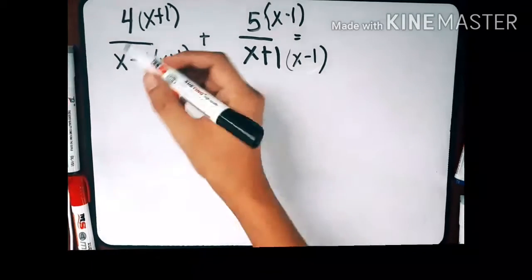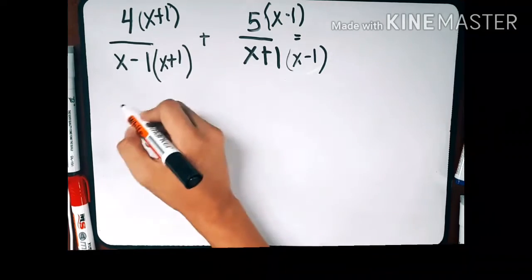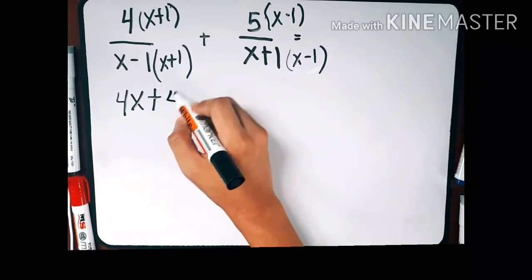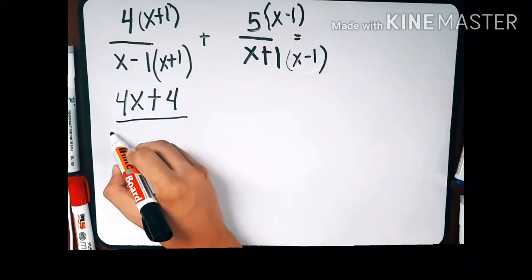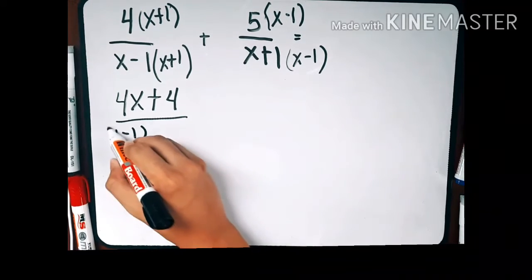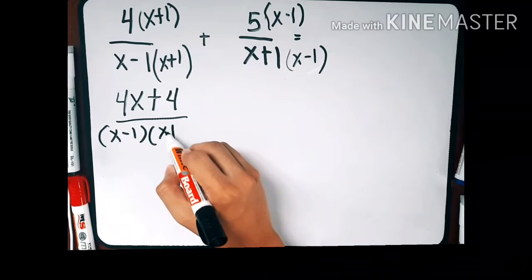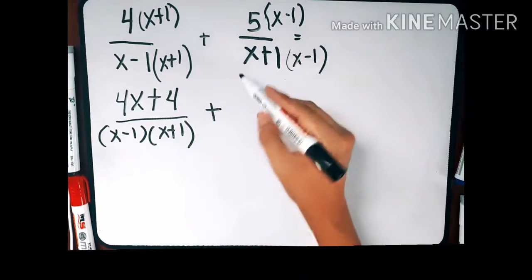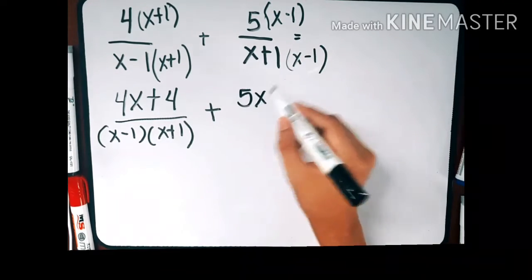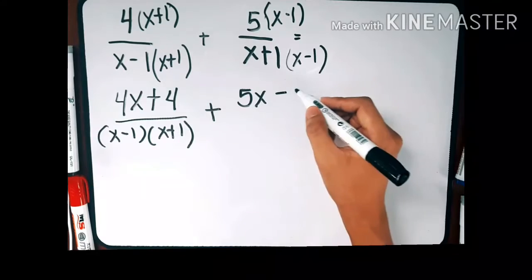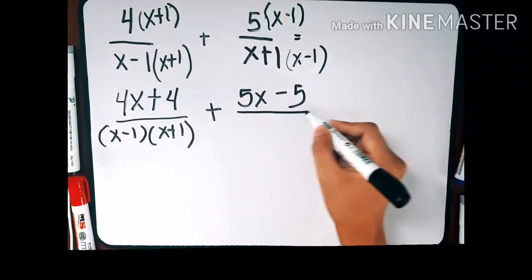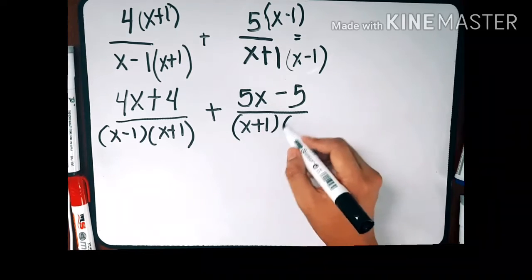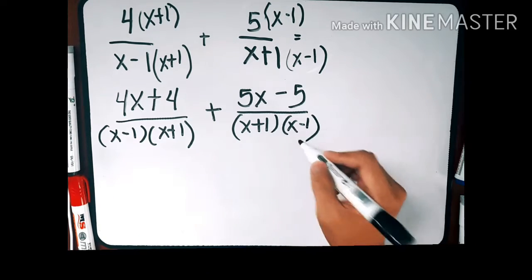Next is, distribute natin. 4x plus 4 over x minus 1, x plus 1, plus 5x minus 5 over x plus 1 and x minus 1.